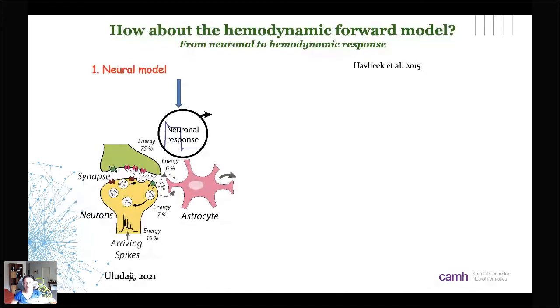Okay, now how about the hemodynamic forward model? I think often we don't talk about the hemodynamic forward model so much because we're not necessarily looking to optimize these hemodynamic response model parameters. But just as we were discussing with the HGF, this is also a response model that links what we're interested in to the observed signal.